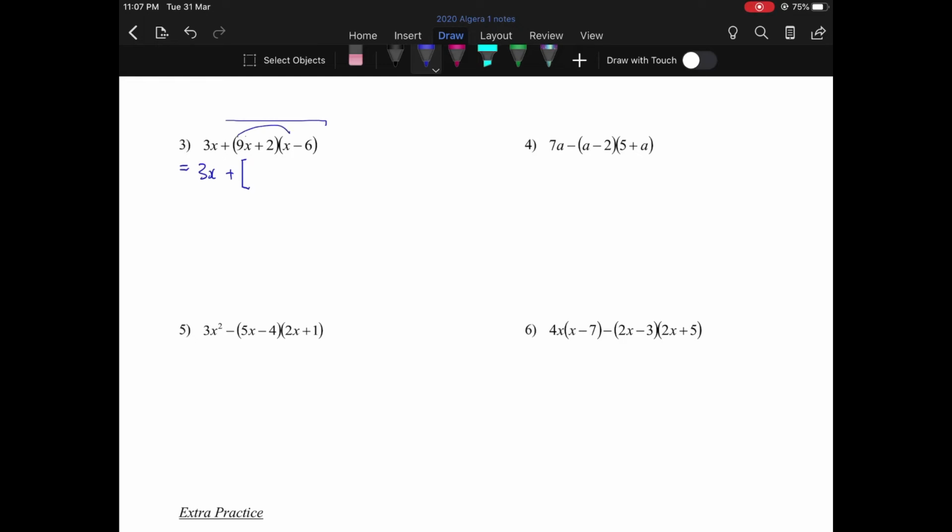So let's distribute. We will get 9x power 2 minus 54x. Then we will get positive 2x minus 12. Let's simplify this. When you multiply the plus sign into the terms in the bracket, the sign doesn't change.